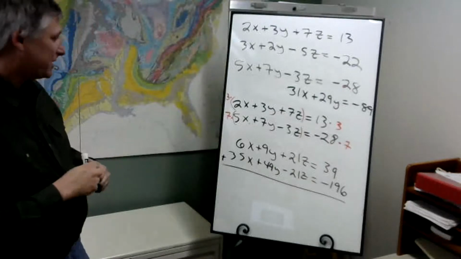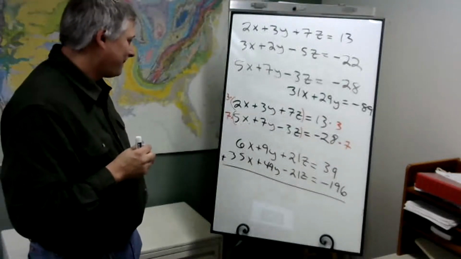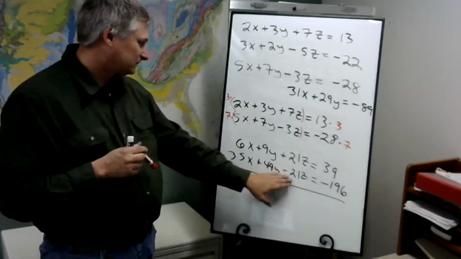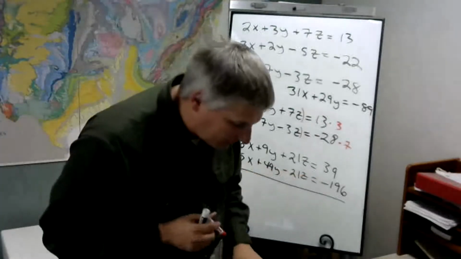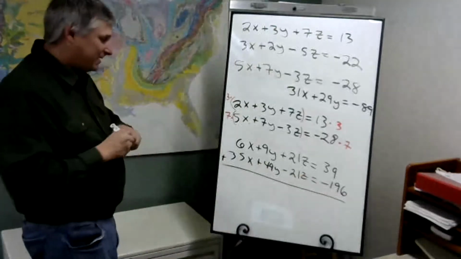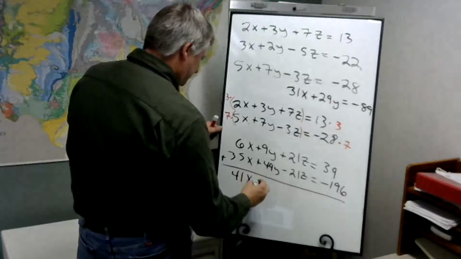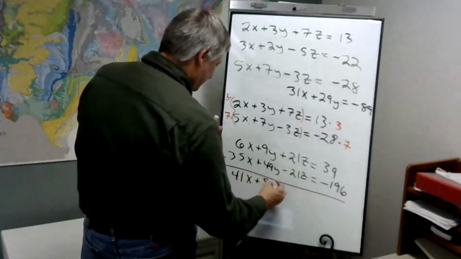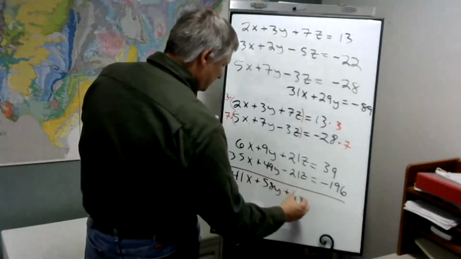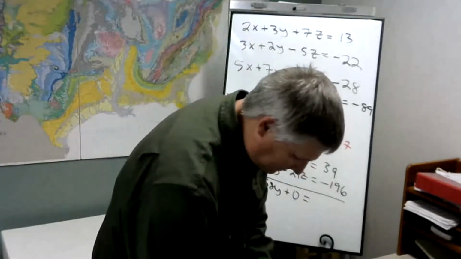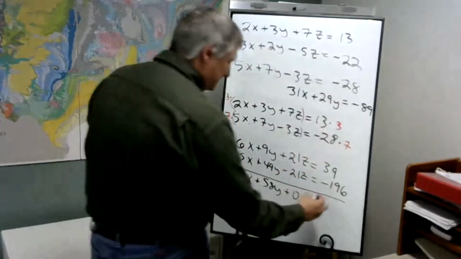All right, I'll just double check my arithmetic here real quick. All right, so now we add things up. We're going to get 41x plus 58y plus 0, and then minus 157.